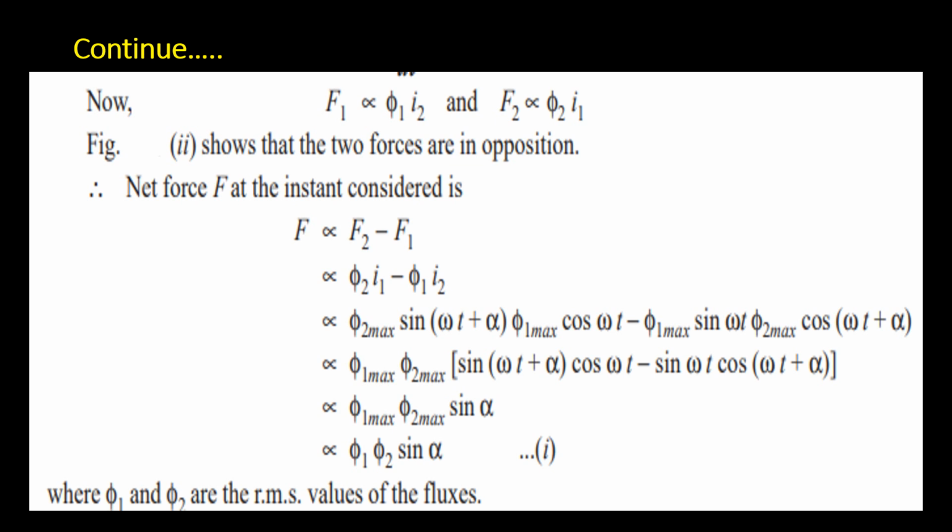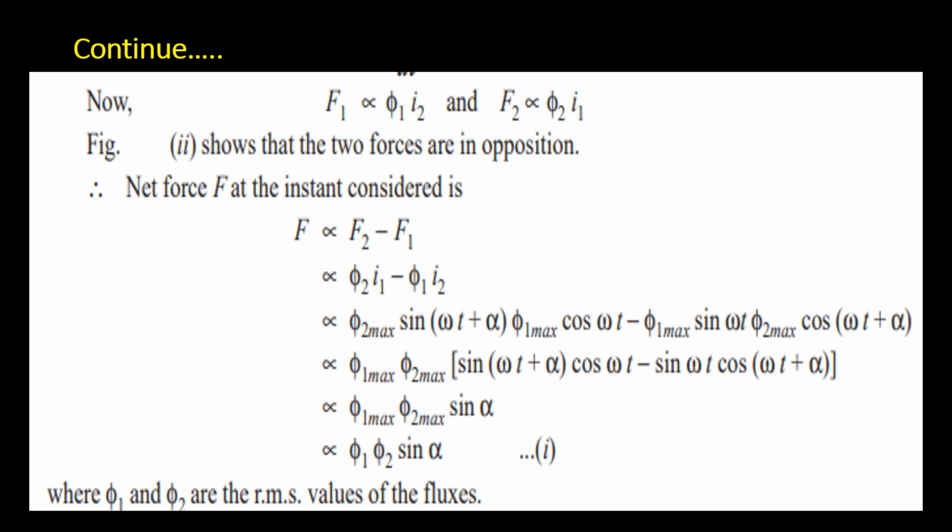So we have the formula sin A cos B minus cos A sin B. By applying that formula, you will get net force developed directly proportional to phi1 max into phi2 max into sin alpha. So in terms of instantaneous value, net force produced F is proportional to phi1 into phi2 into sin alpha.